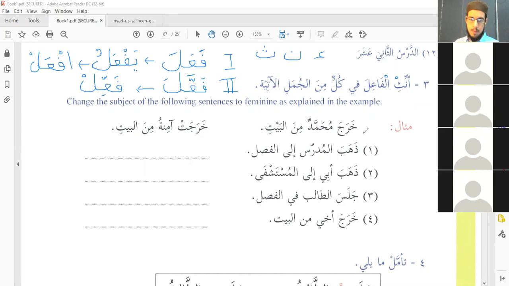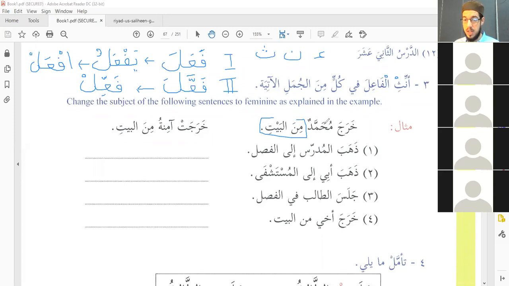So we have the example. خرج. Look, we're in jumla fi'liya land. The previous exercise was mostly jumla ismiya. They're bringing us along with our corresponding jumla fi'liya. خرج محمد من البيت. Fi'l, fa'il, and then this is a prepositional phrase that's in the place of maf'ul. Okay? خرج, he left.